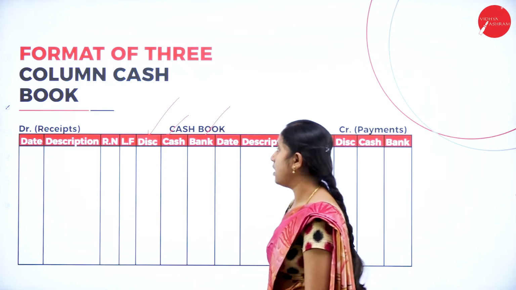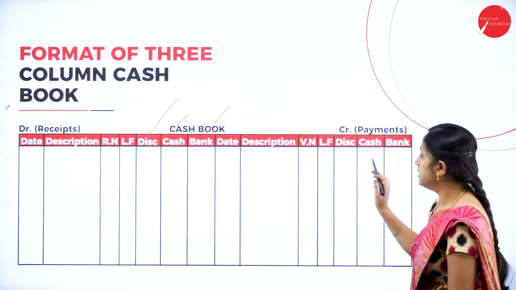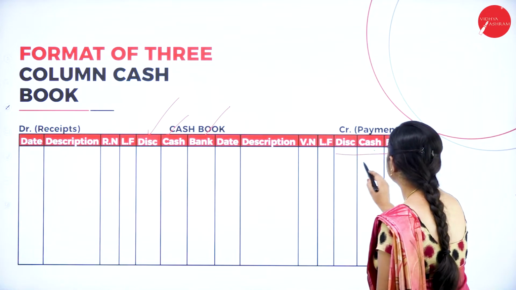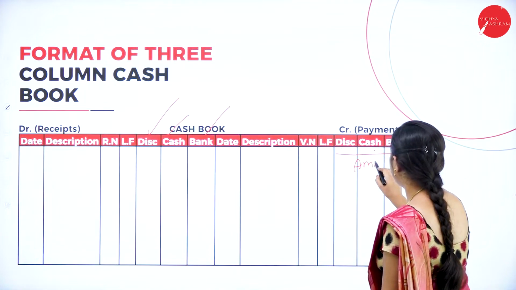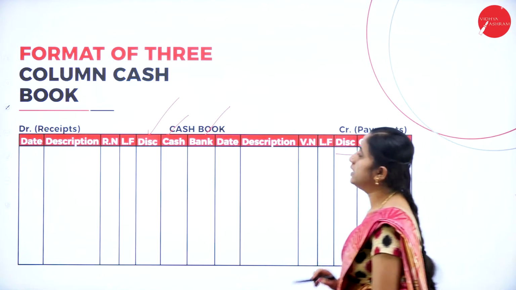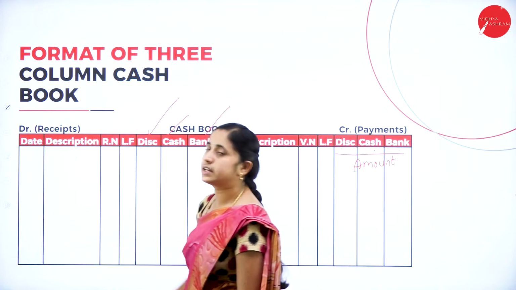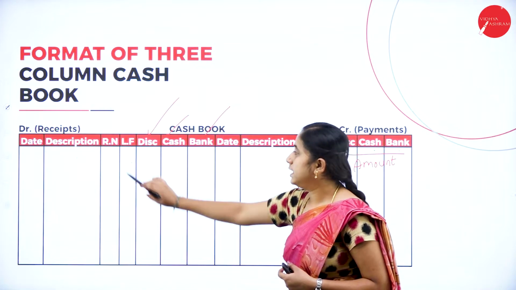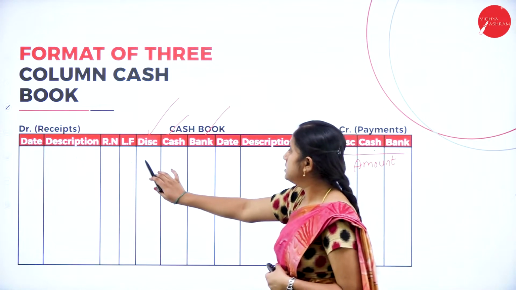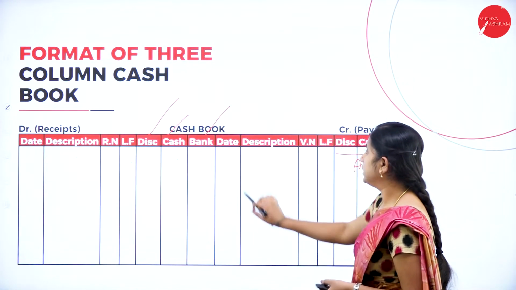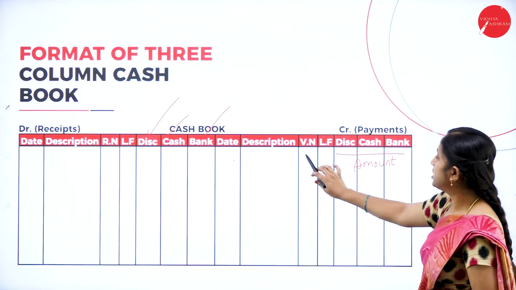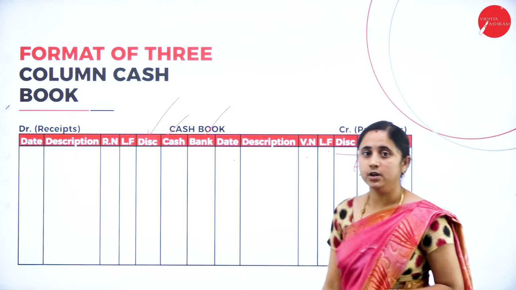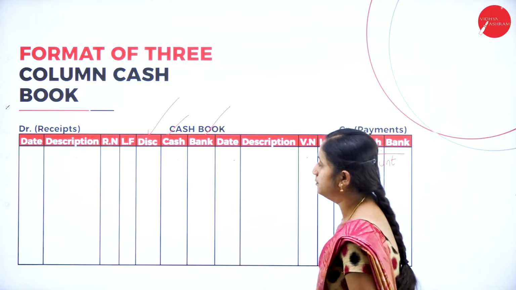On both sides, debit and credit, we have three columns: discount, cash and bank. These three columns are meant to record amounts. Here you will record the date, then the description of the transaction, receipt number, LF (ledger folio), then discount, cash, bank. Again, date, description, voucher number, then LF, discount, cash and bank. Only the difference is the amount columns.